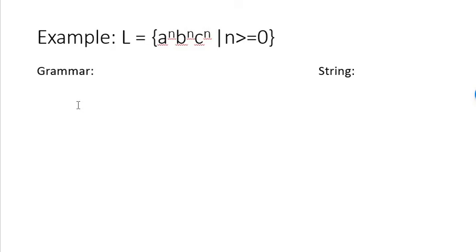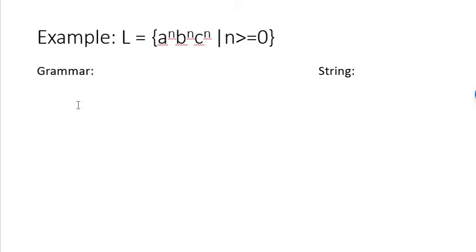Then I will explain why the production which I have written is wrong, why we should not write this production, and how to improve and write the correct productions. And at the end, eventually we will end up with the correct grammar.